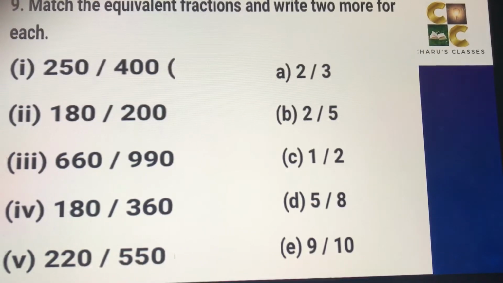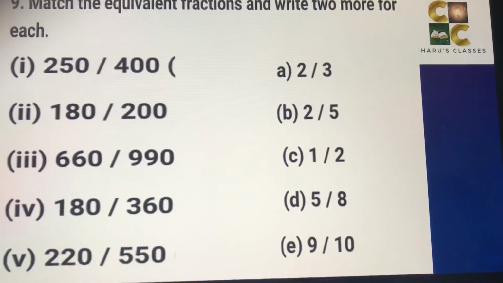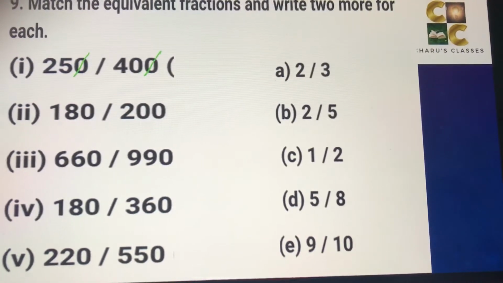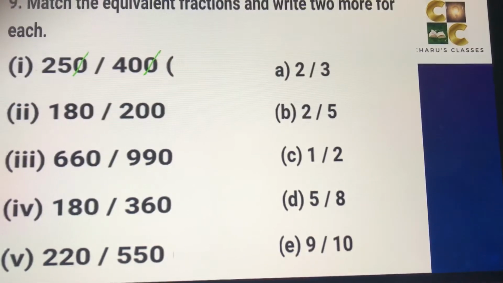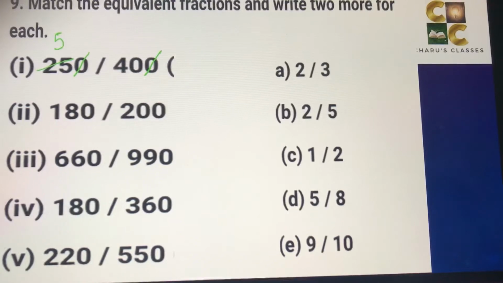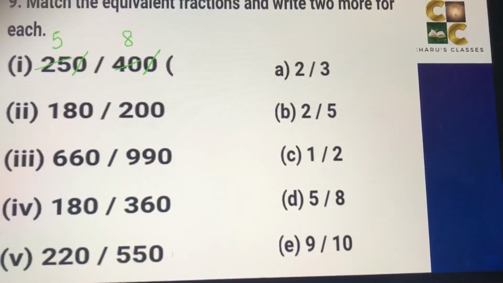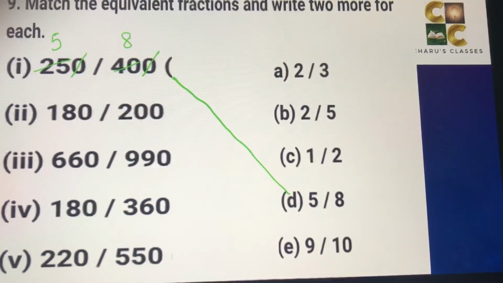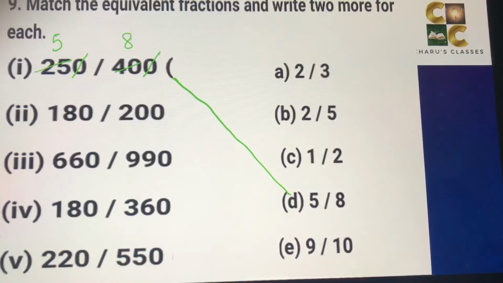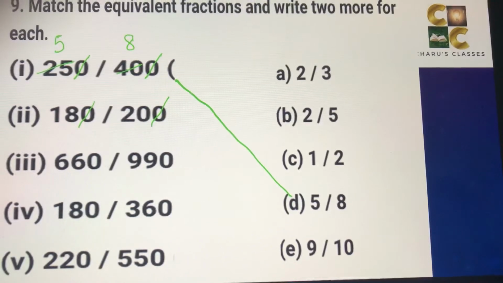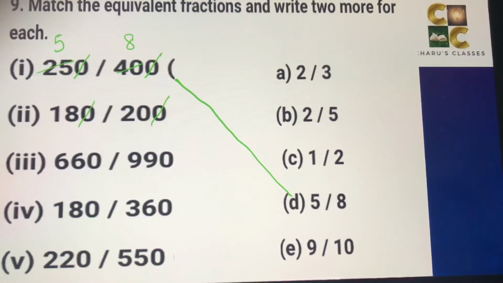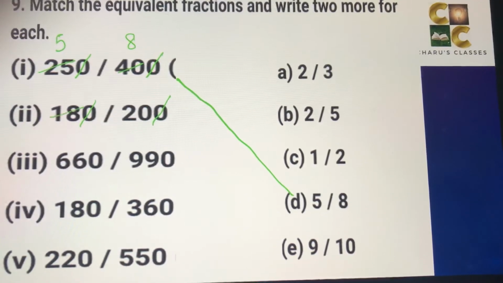So first we have to take 250/400. तो 250/400 ये 0 0 cancel हो जाएगा. 25 and 40 दोनों 5 के टेबल में आते हैं. तो 5 5s are 25 and 5 8s are 40. तो 250/400 ये हमारा इक्विवेलेंट फ्रैक्शन है 5/8 से. 180/200 we can cancel the zeros. अब हम 18 and 20 हम 2 के टेबल से कैंसिल कर सकते हैं. 2 9s are 18 and 2 10s are 20.